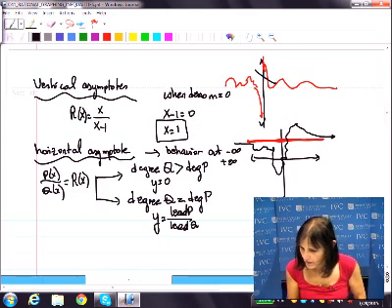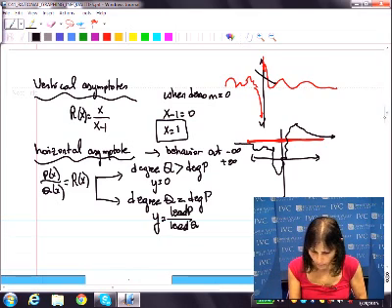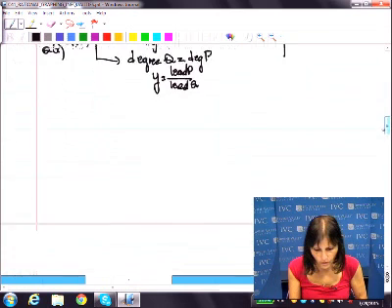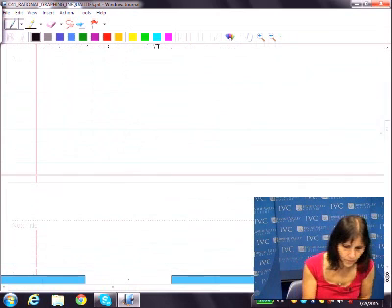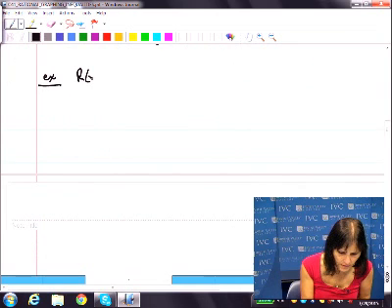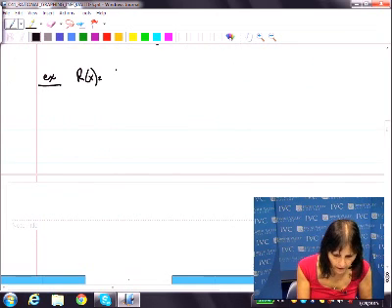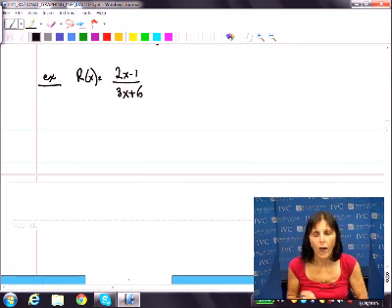Alright, well, let's look at something, and then you will see what I mean. I'll look at the vertical and horizontal asymptotes alone. So here's an example. R of x, let's say I have 2x minus 1 over 3x plus 6.